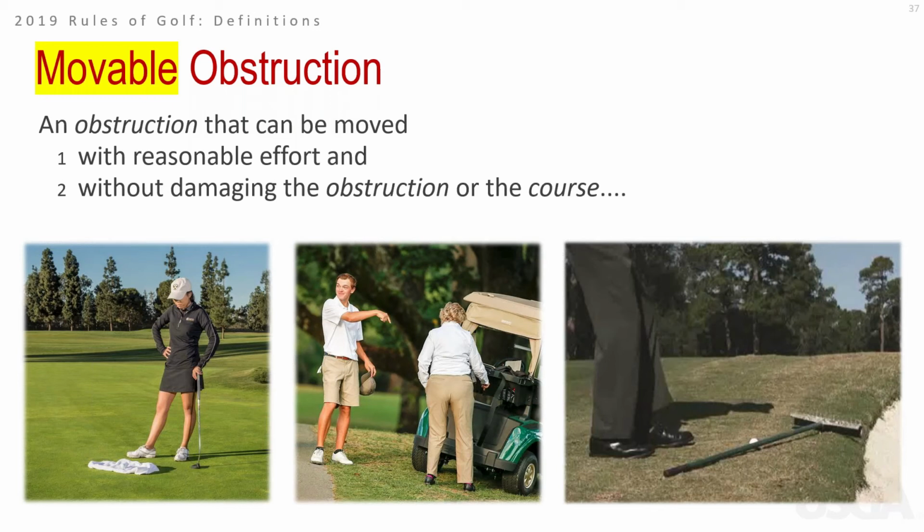I think we've all had a story of a ball that has gotten into a golf cart one way or another, a ball resting against a rake, or even possibly on a player's equipment, as you see in the bottom left of your screen. All these items are determined to be movable, and there is a specific relief procedure in how to handle those. But we can do these with reasonable effort and without damaging the obstruction or the golf course.